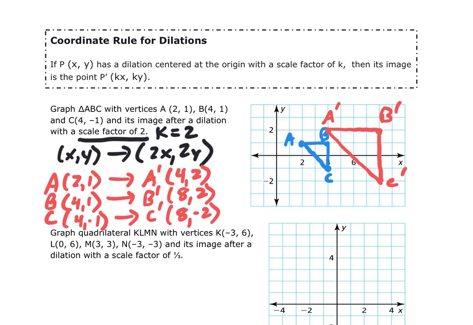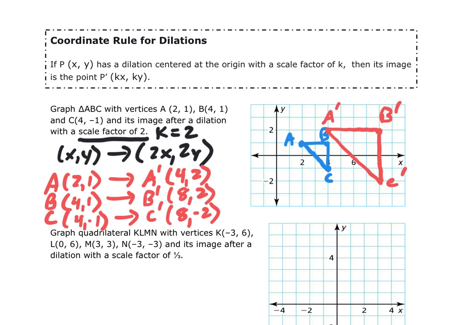A couple of things that I want you to notice here. First of all, the sides that match up are parallel to one another. Notice how AC and A prime C prime are parallel. They're not going to cross one another. Same thing for AB and A prime B prime, and BC. All of the sides are parallel. Now, watch what happens to the length.